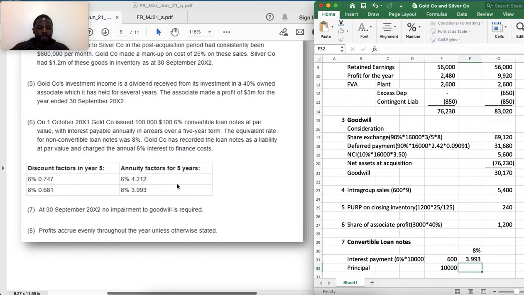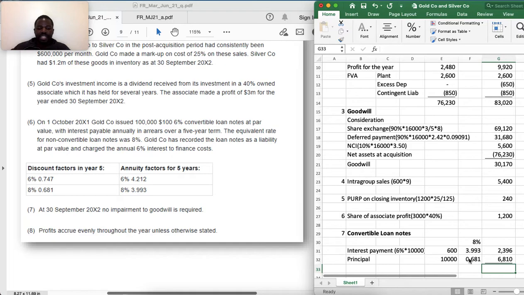3.993. Then also after 5 years we will receive our principal. We discount it at that discount factor. So we say interest multiplied by the discount factor. That's the figure that we get. We also copy the formula there. So we have discounted there.